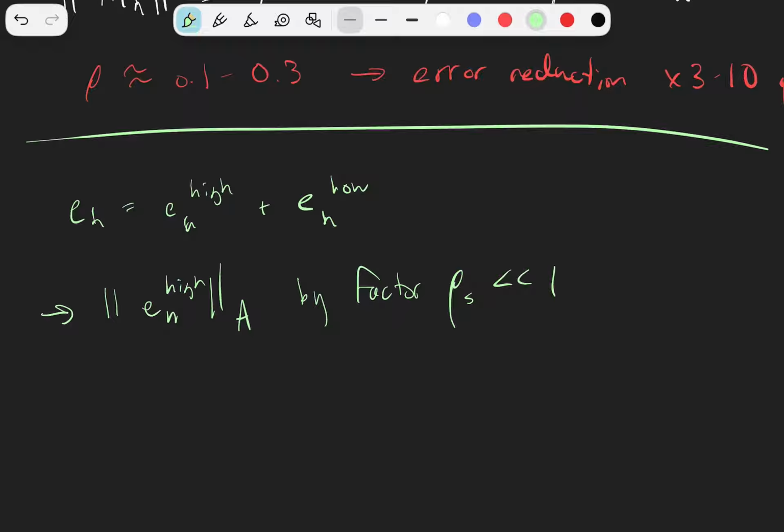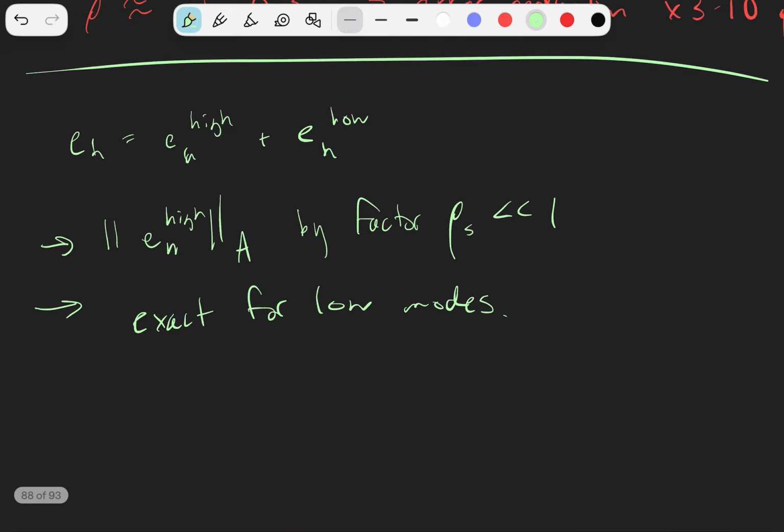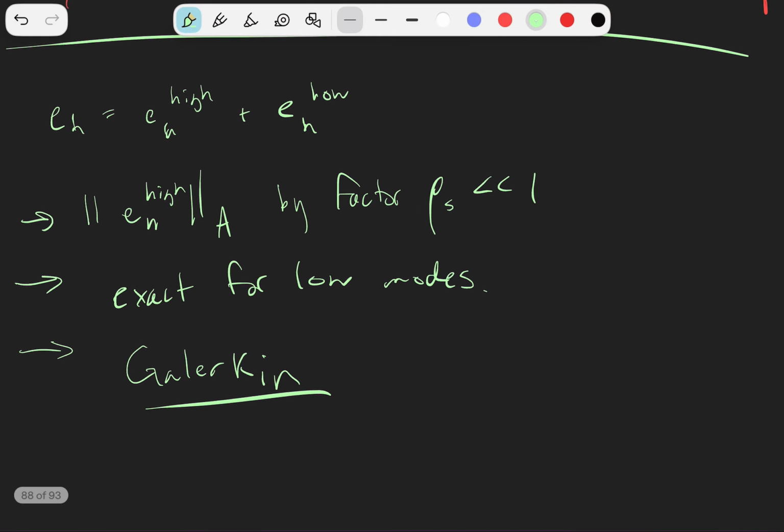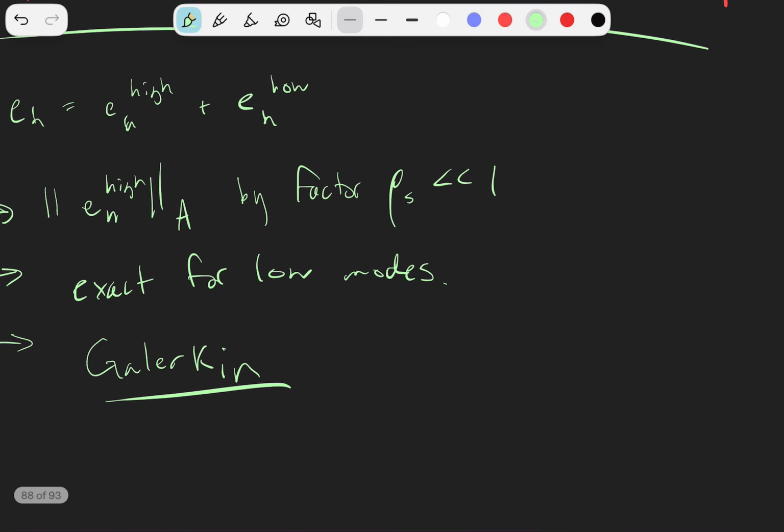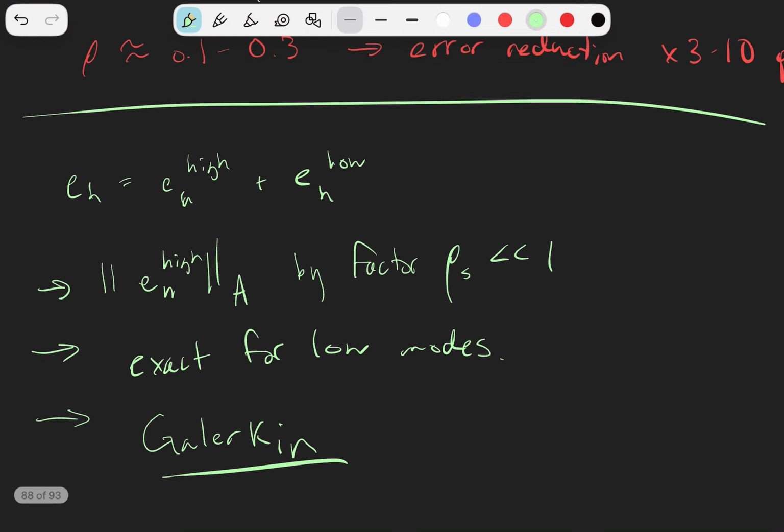And the coarse grid is going to be exact for low modes, because the coarse problem will capture them in the particular well that you choose. And then you can use Galerkin. The Galerkin coarse operator will guarantee that the correction is optimal in the energy norm of the projected problem.